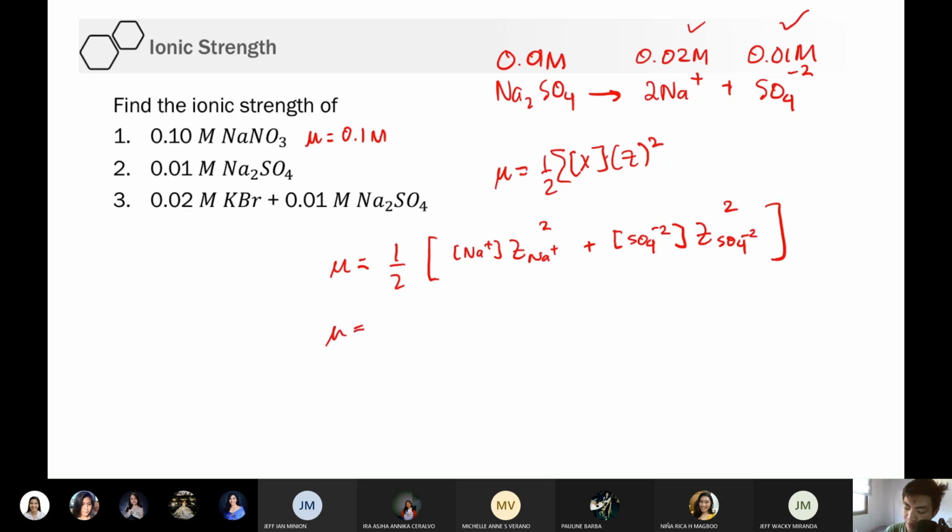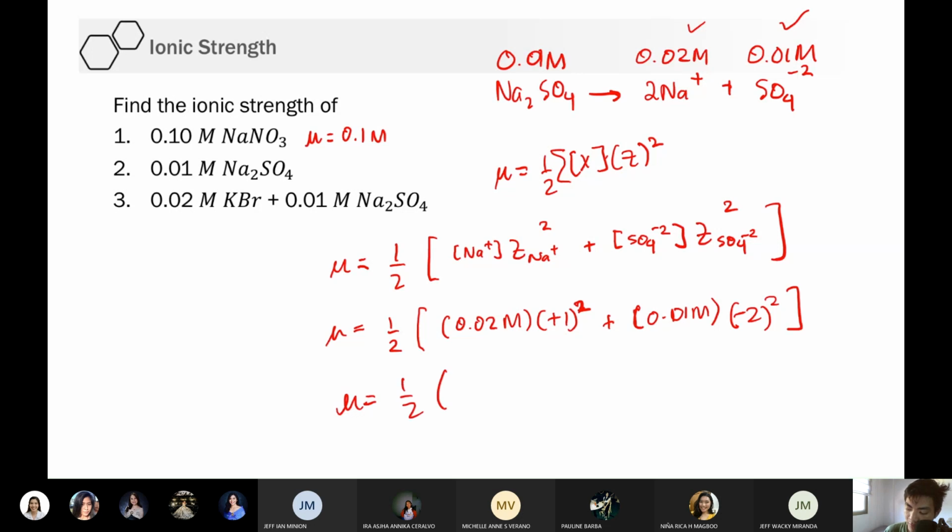So let's plug in our given numbers. The concentration of sodium is 0.02. What is the charge of sodium ion? It is positive 1 squared. And for sulfate ion, its concentration is 0.01 molar times the charge of the sulfate ion, which is -2, and then you get the square of it.